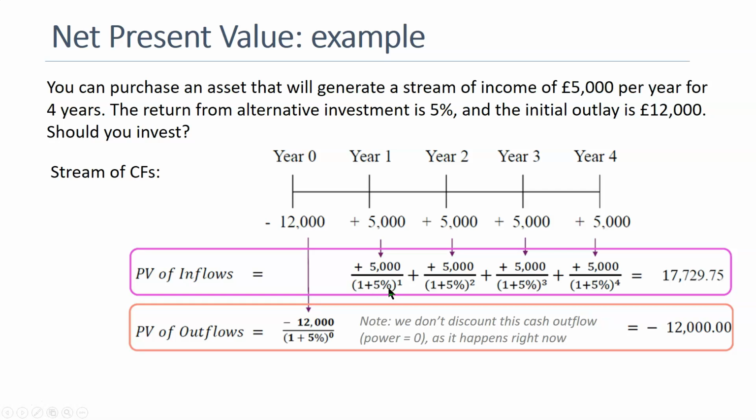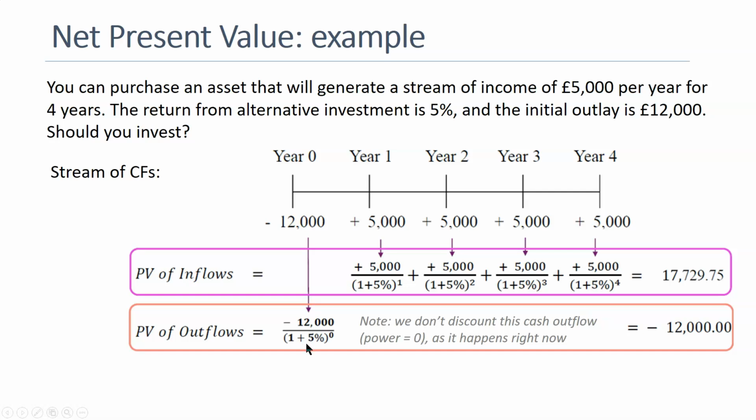So our discount rate chosen is the rate of return in an alternative investment, our 5%, and we need to raise our discount factor to a certain power, which relates to the period in which this particular cash flow would occur. So in year 1, it will be power 1, in year 2, power 2, in year 3, power 3, and so on. If we add up all of these numbers, we will get the present value of cash inflows, which is £17,729.